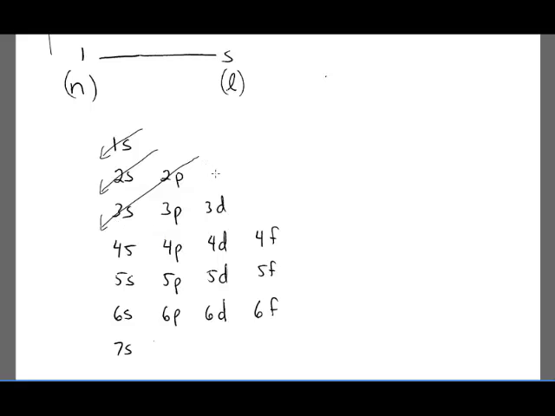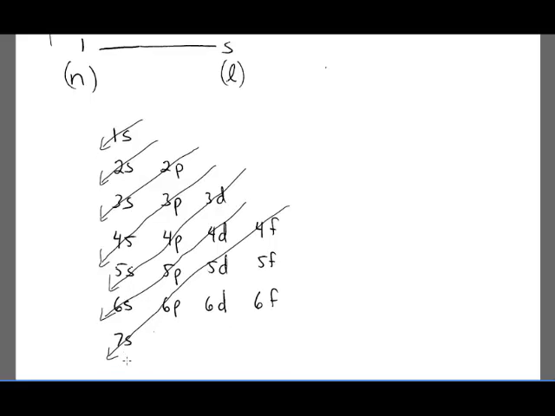After 3s is 3p, but then after 3p we go to 4s, not the 3d. So 4s first, then 3d. After that, 4p and 5s, then 4d, 5p and 6s, etc., etc. So you can draw these diagonal lines, and these will tell you the order of filling of the energy levels going up.